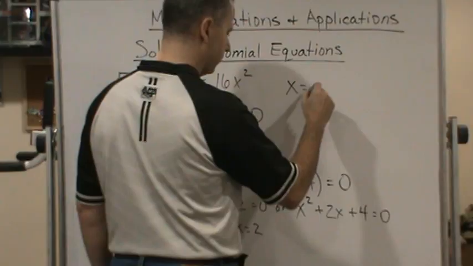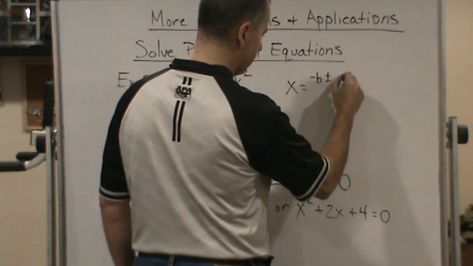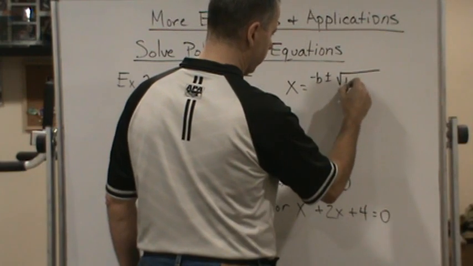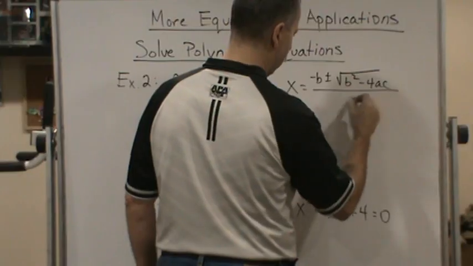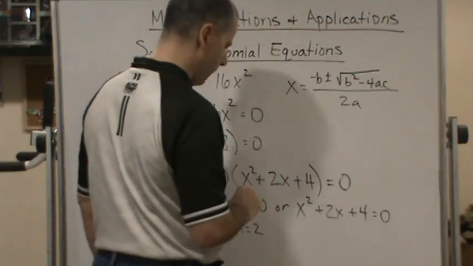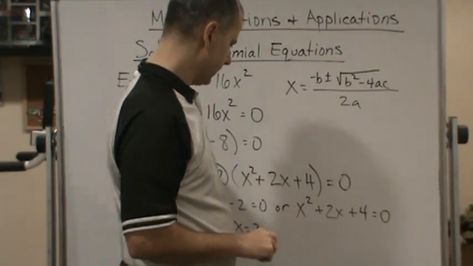So x equals negative b plus or minus the square root of b squared minus 4ac all over 2a. And so in this case, a is 1, b is 2, and c is 4.